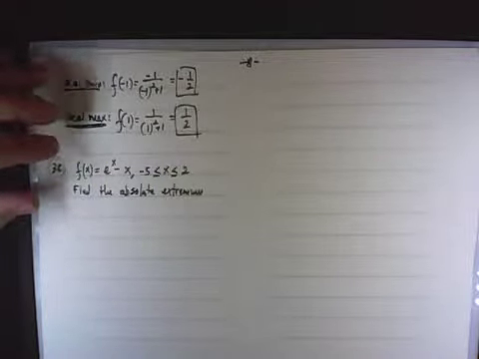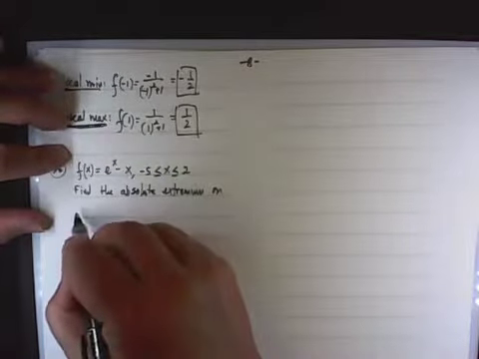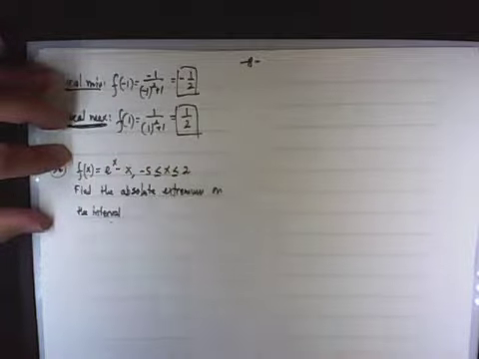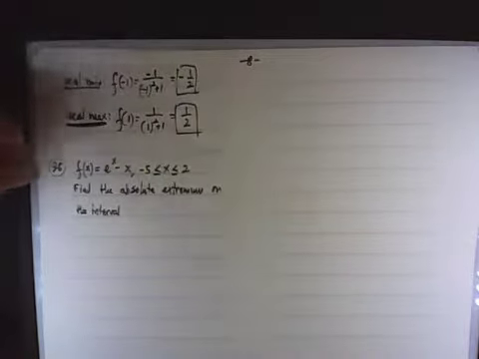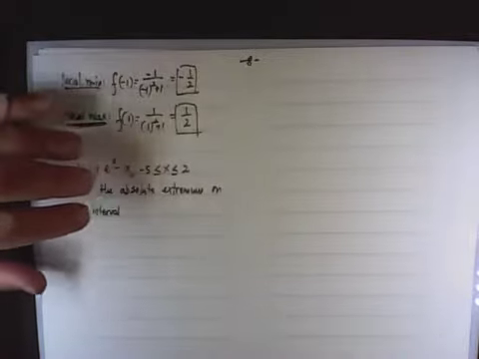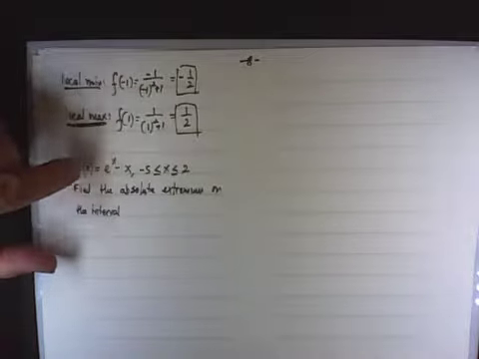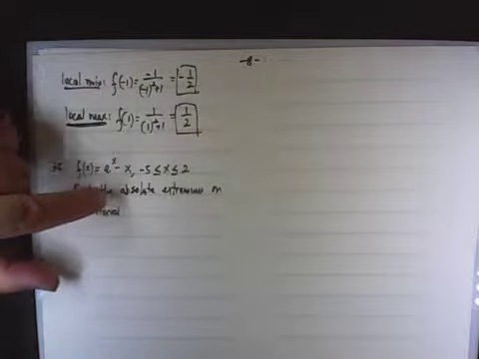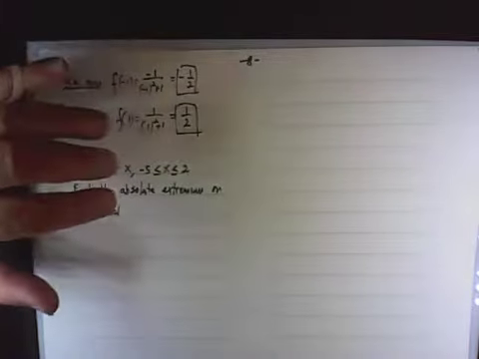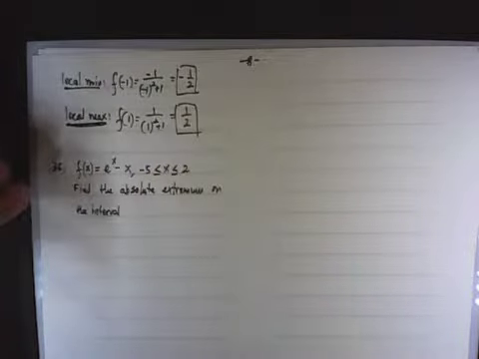Okay, so we want the absolute extremum on the interval. Notice that we have a closed interval. Remember, if it's an open interval, we don't include the endpoints. If it's a closed interval, we want to use the endpoints. And here, the question is nice, and they don't omit the word absolute, but if the question says find the extreme value, it's still going to be the absolute.